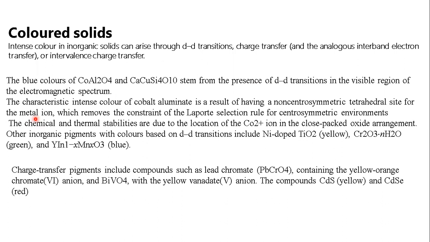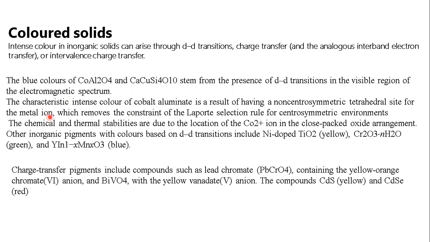So this characteristic intense color of cobalt aluminate. Sorry, I didn't write the formula properly; the numbers should be subscripts. This characteristic intense color of cobalt aluminate is a result of having a non-centrosymmetric tetrahedral site for the metal ion.